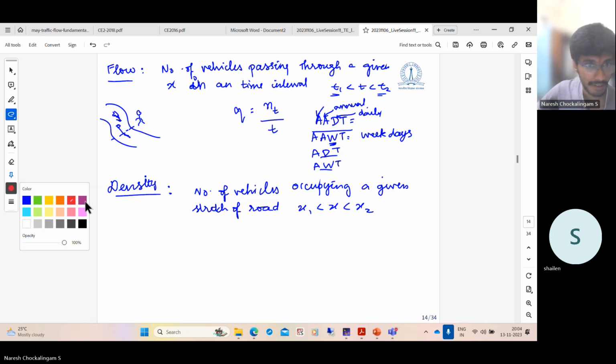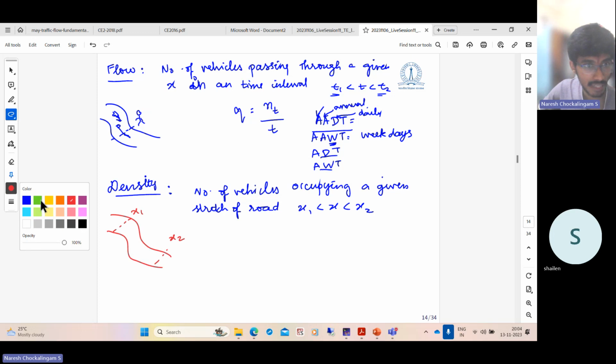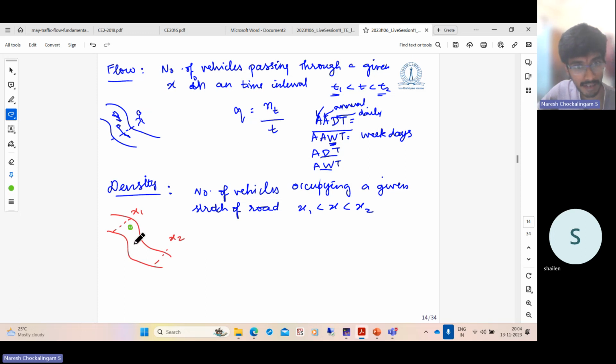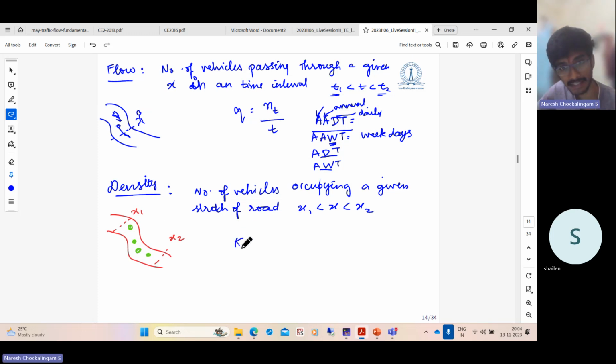You have a road like this. You take 2 points, x1 and x2. In between x1 and x2, there will be vehicles. You count how many vehicles are there between x1 and x2, and then density, denoted by k, is the number of vehicles between x1 and x2 divided by the length of the road, x, which is x2 minus x1.